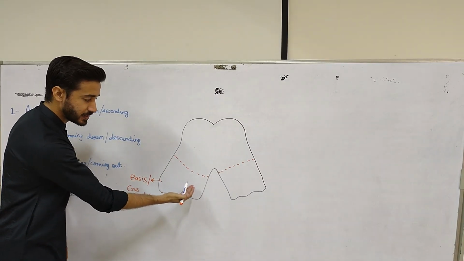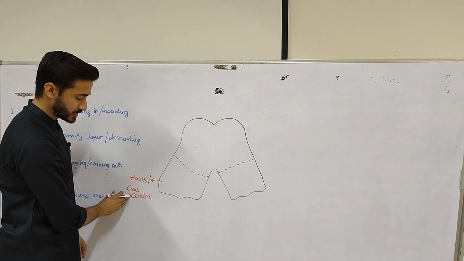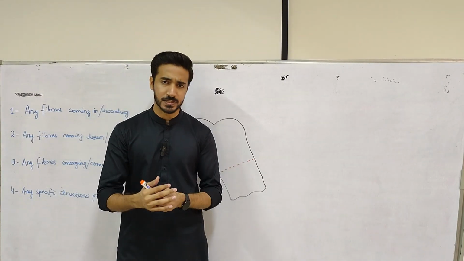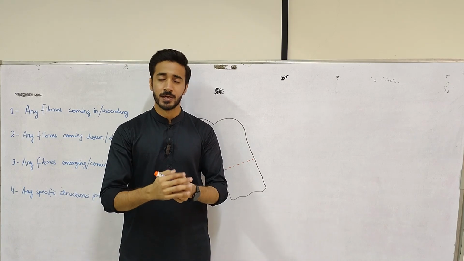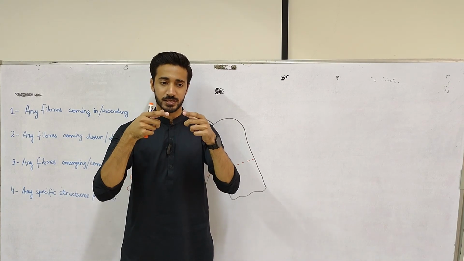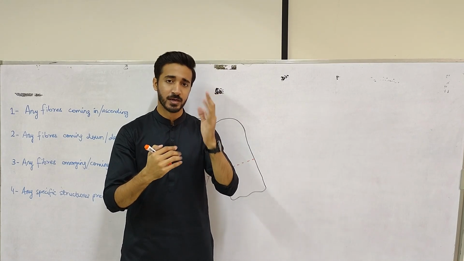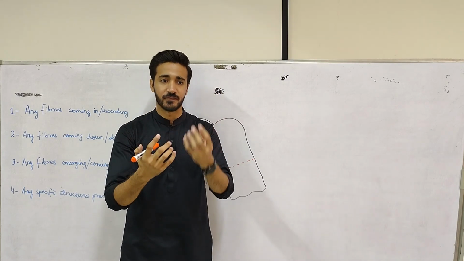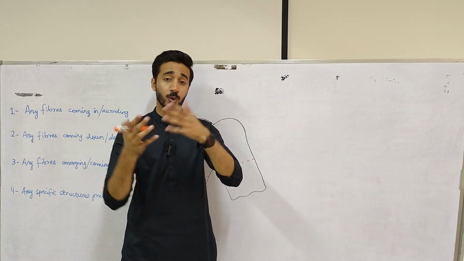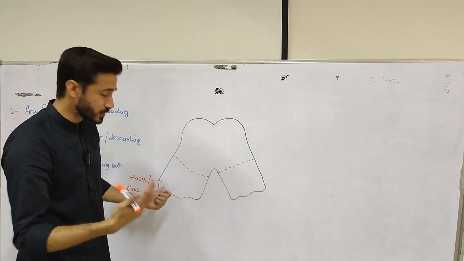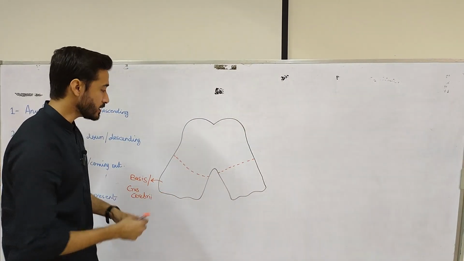So the first part, the anterior ventral part, is named the crus cerebri. Why is it named the crus cerebri? Because crus means leg or a limb. This is the part that is going to be supporting or connected to the cerebrum above it, so it appears as if it's just an extension or the lower limb of the brain. That's why crus cerebri, the limb or the leg of the cerebrum.